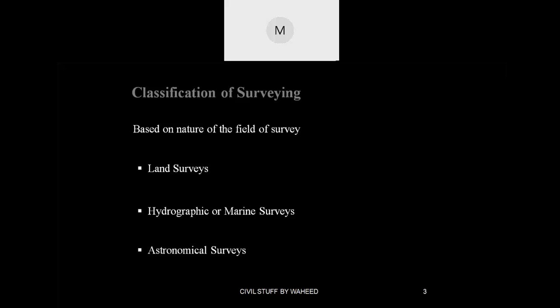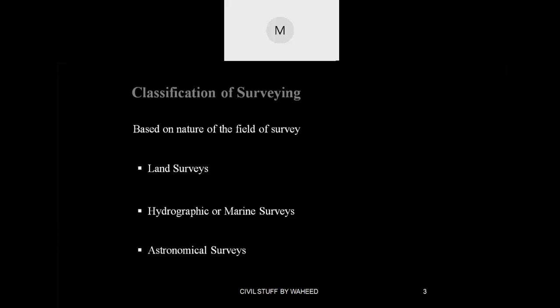Hydrographic means the survey which is performed in water bodies like rivers, ponds, lakes, seas, oceans. All these surveys performed in water bodies are nothing but hydrographic or marine surveys. Next, astronomical surveys. Astronomical means historical relics like that you are going to see.